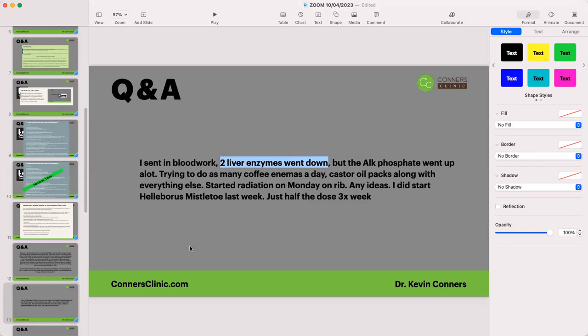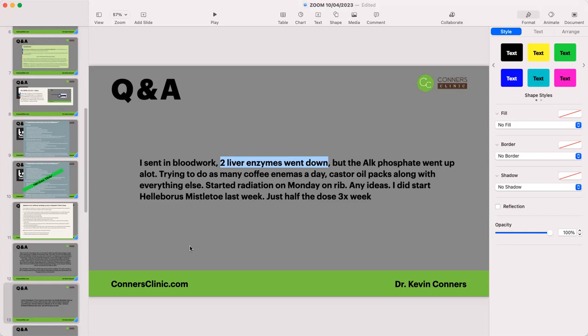Alkaline phosphatase is considered a liver enzyme, but it will also elevate if there's damage to the liver, and it will also go up if there's metastasis to the bone, which your other liver enzymes won't.